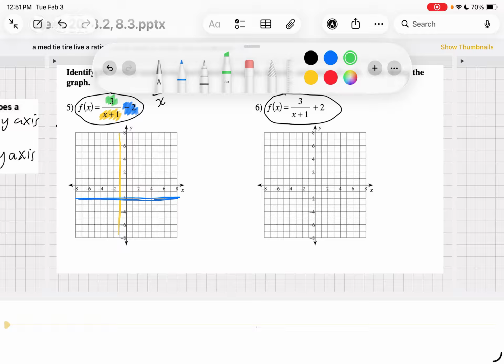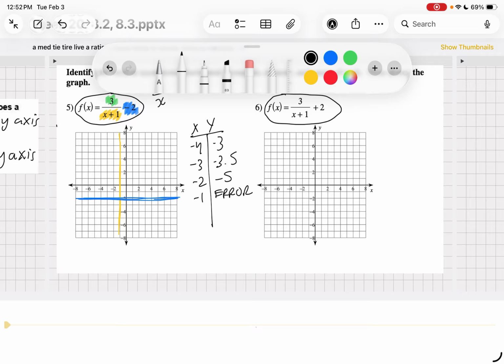So in my table, let me put this in black. All right, so in my table for my x and my y's, I've got -4, -3; -3, -3.5; -2, -5; at -1, that's my error because if I plug in -1 right here, that's going to give me a 0 in the denominator.